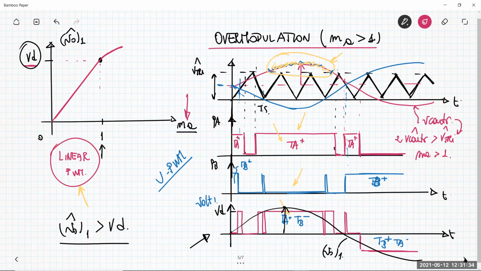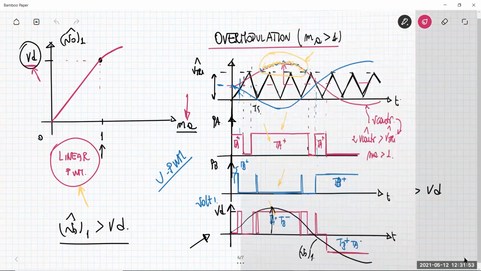Why can it be useful to have a fundamental component at the output voltage which is larger than VD? VD, remember, is the constant voltage that is applied at the input side, the DC side of my inverter.